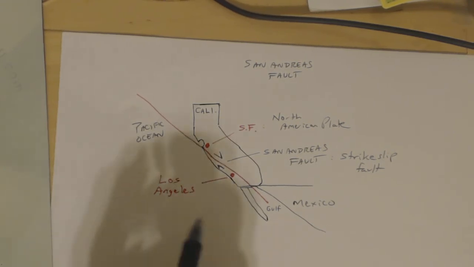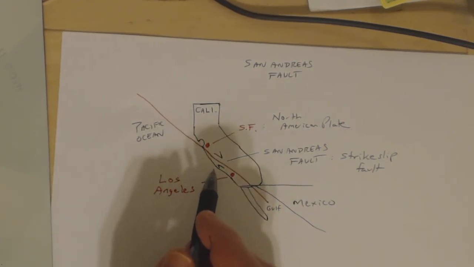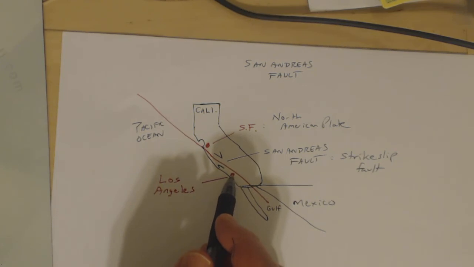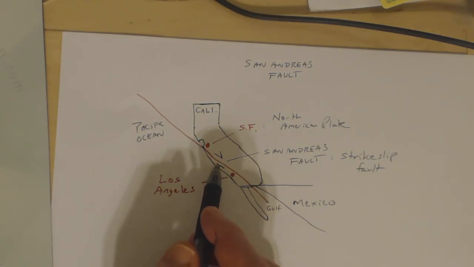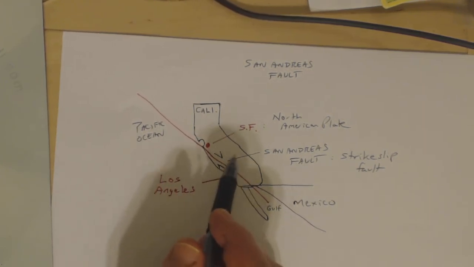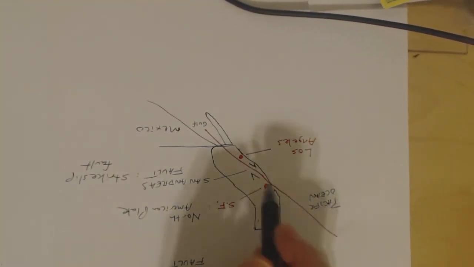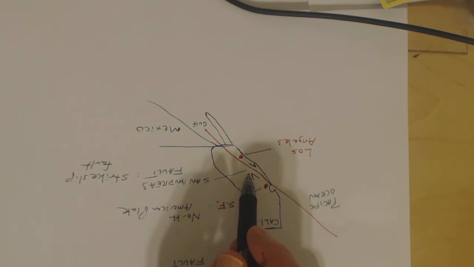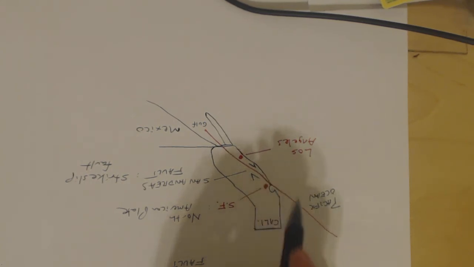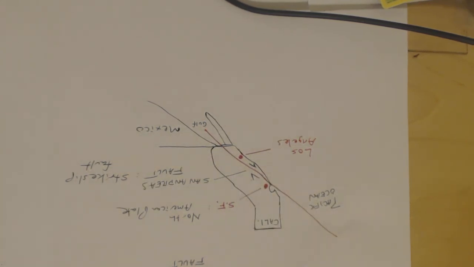So again, the way to determine this is if you're standing on, let's say, the Los Angeles plate, which way is the plate on the other side of you moving, to the right or to the left? Or if you want to reverse it, if you're standing on the San Francisco plate, which way is the plate that Los Angeles is on moving, to the right or to the left?